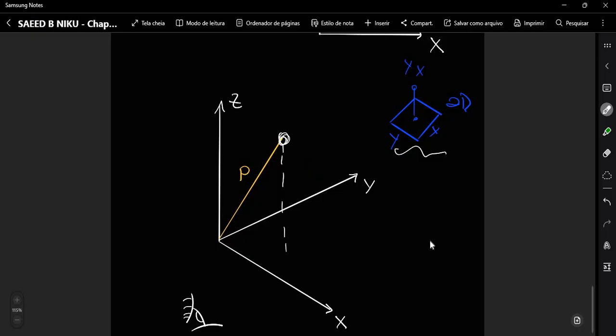But when we add the z component, the z-axis, we are adding one more dimension. So what we have here is three-dimensional.